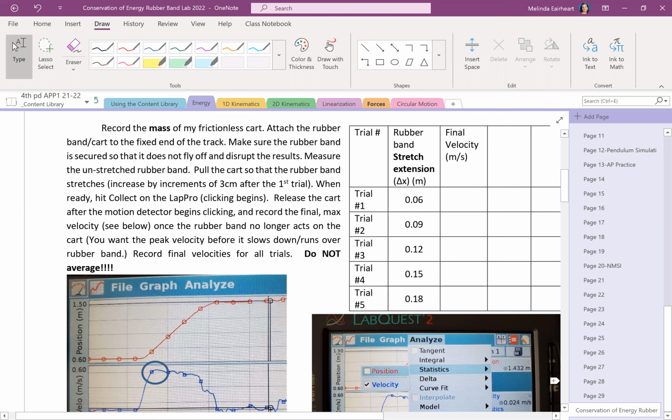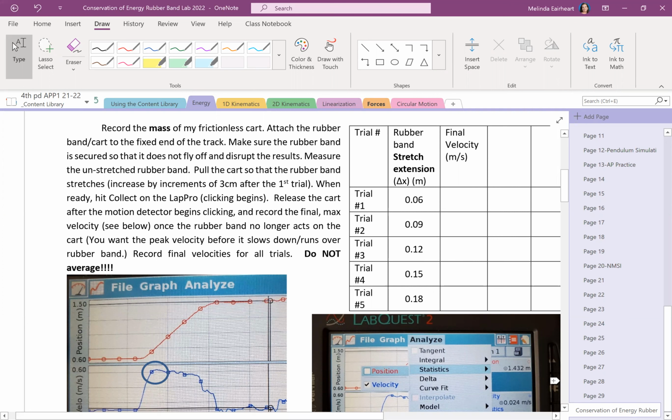That means it's collecting data. Do we want our hands in the way of the detector during data collection? No. We want hands away. So that person holding it in place, be on the other side of the car. Okay, when you lift up, move your hand back.